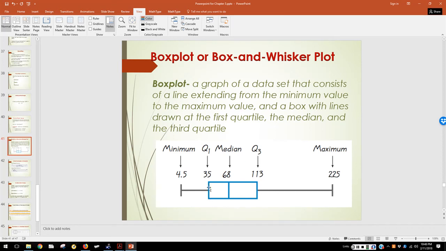We also know that 50% of the data values lie between 35 and 113. And looking at that, you can tell that 225 is pretty far from that middle 50%. So our question is, is this value 225 an outlier?